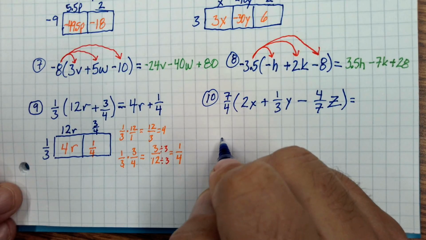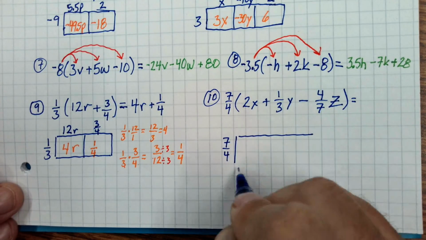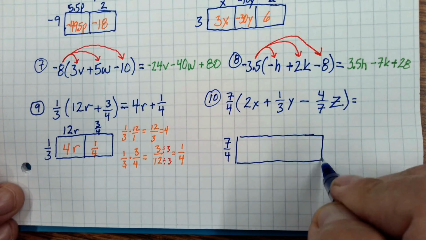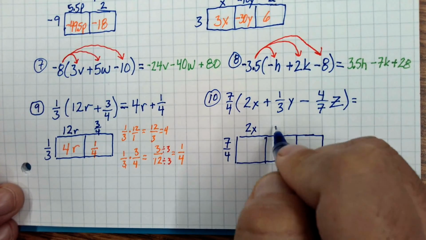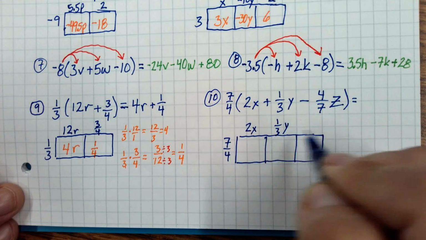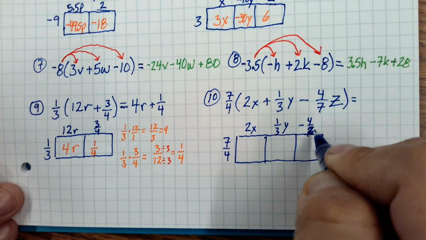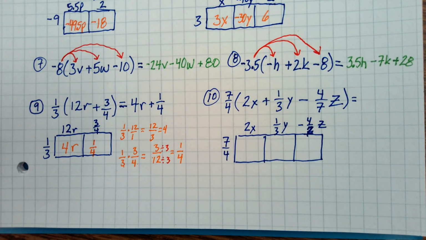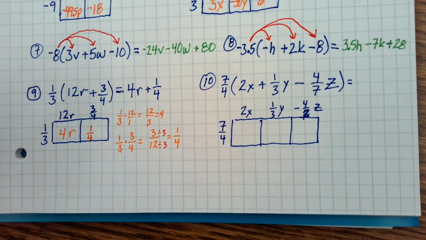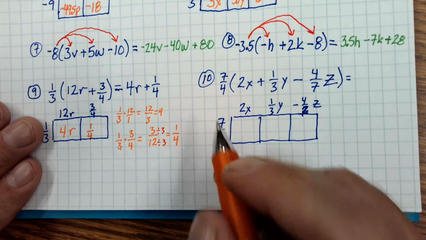Let's see, our width is 7/4. And the length is going to be 2x and then 1/3 y and negative 4/7 z. That's 4/7. Came out kind of messy. All right, so we got a lot of multiplying with fractions to do. Let's see.